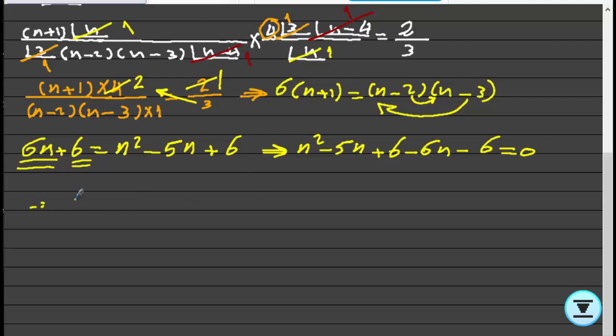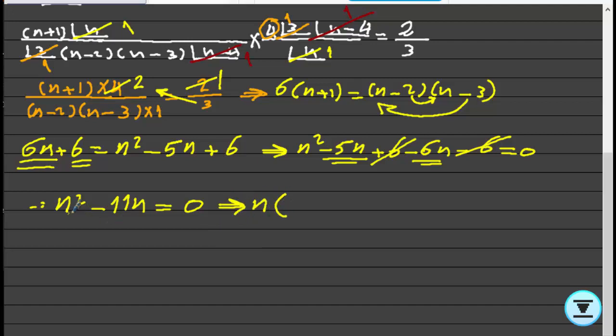So n squared, negative 5n minus 6n is negative 11n. 6 minus 6 equals 0. So the final result is n squared minus 11n equals 0, and we can take n as a common factor.